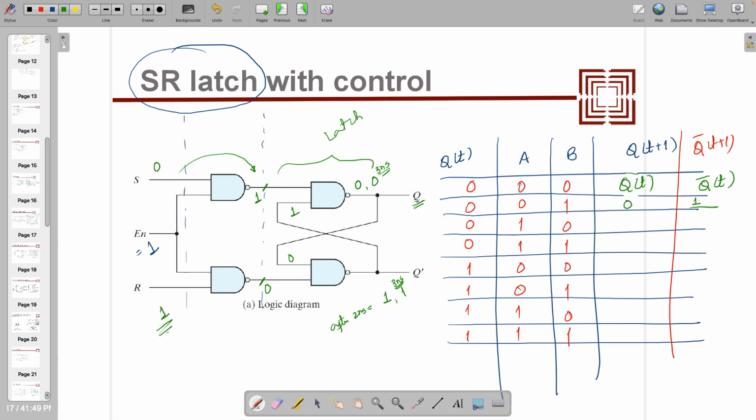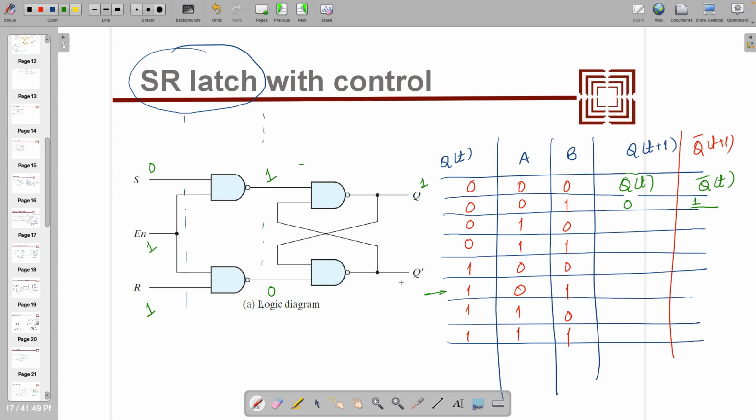Now let's look at the same condition again, but at different inputs. So when it's 0 and 1, this one, when Q equal to 1, and the same condition, we need to make this Q equal to 0. Let's see how it goes, right? So if this is 0, this is 1, this is 1, of course enable was 1, so this is 0.